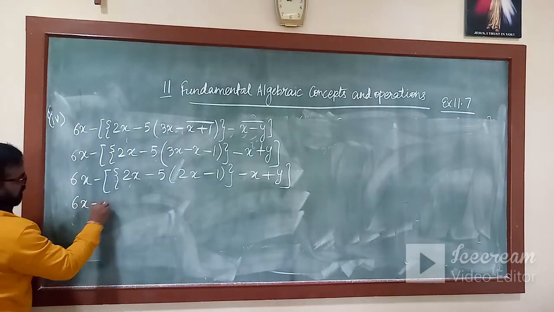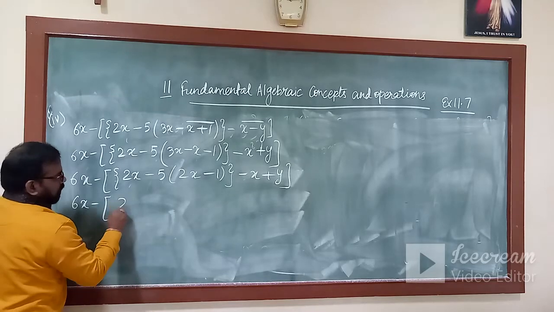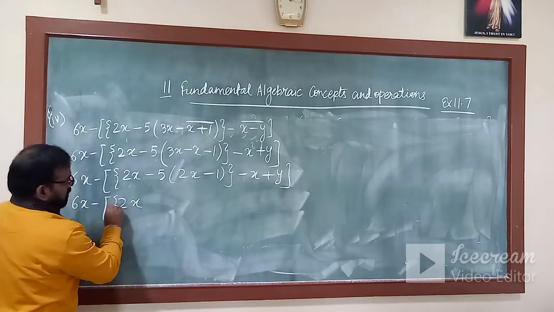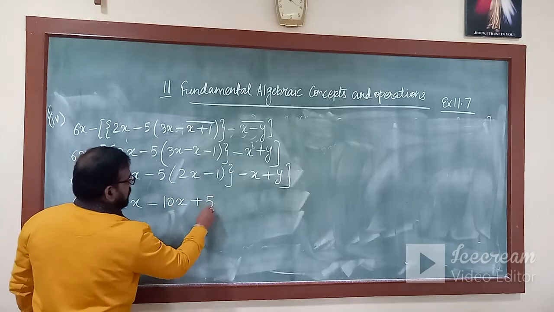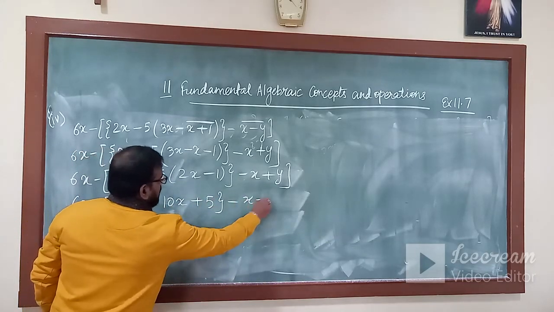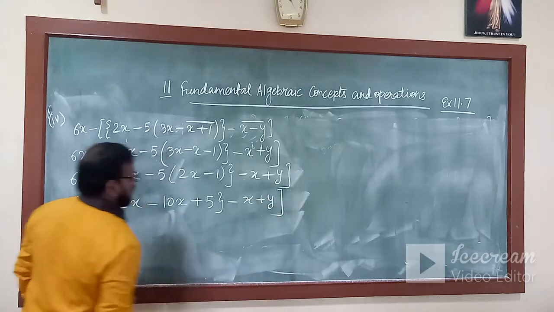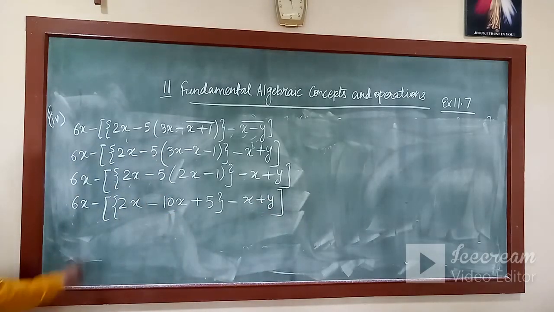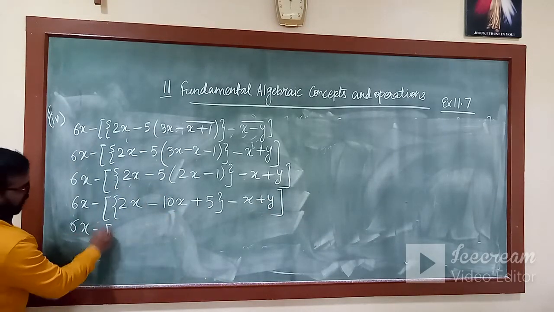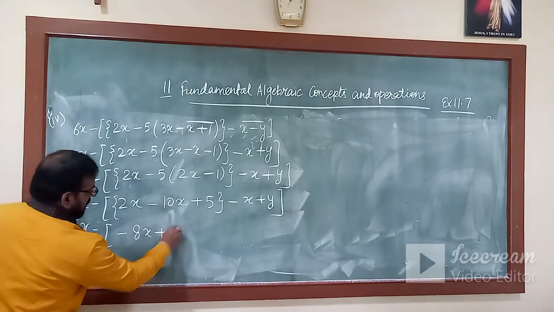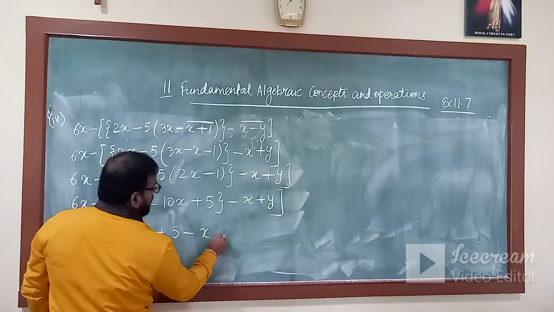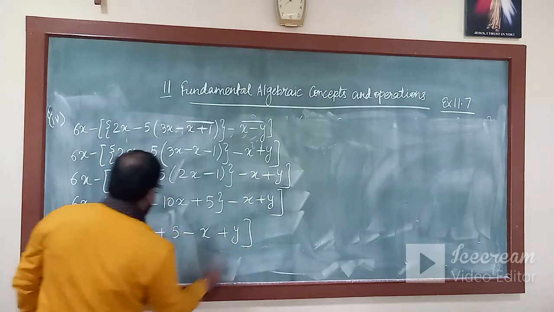So 6x minus 2x minus 10x plus 5 minus x plus y. So finally what we are left with, see, 2x minus 10x will give you minus 8x plus 5 minus x plus y.